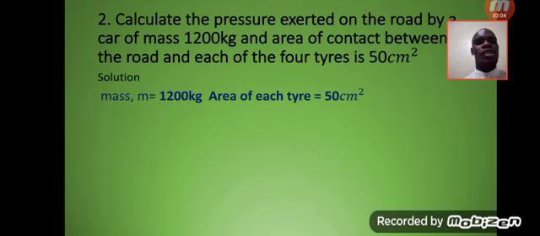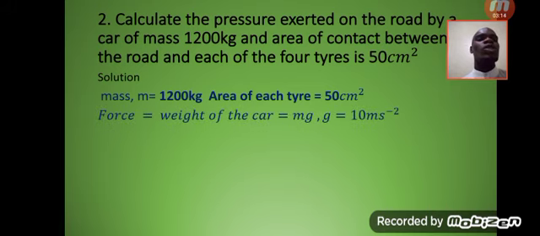We are given a mass of 1,200 kilograms and an area of each tire of 50 centimeters squared. Therefore, the force will equal the weight of the car, which is mass times gravity, where gravity is 10 meters per second squared. Therefore, our force will be 1,200 times 10, which gives us 12,000 newtons.